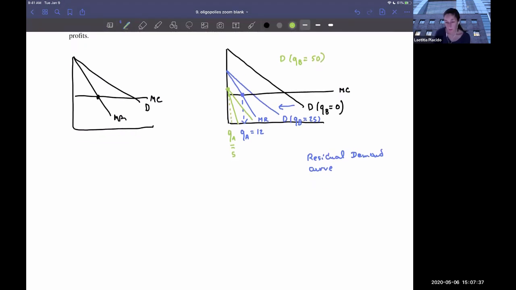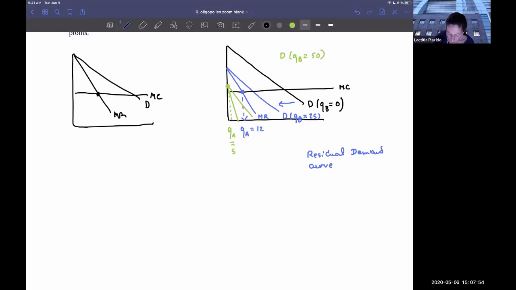Okay, so using this graph, you can calculate all the best responses of firm A to the different quantity produced by firm B. Okay, so from that graph, you are able to draw what we call a best response curve or a reaction curve. And this curve says, let's put QA here on the vertical axis and QB on the horizontal axis.